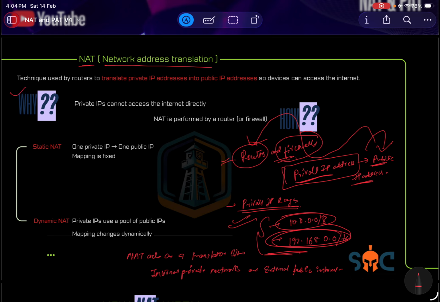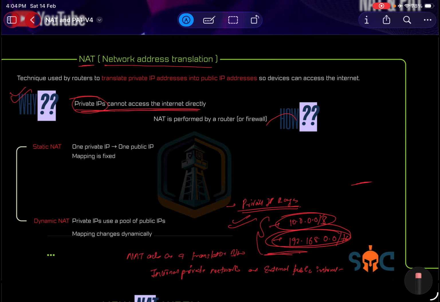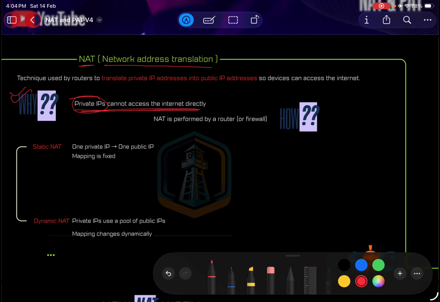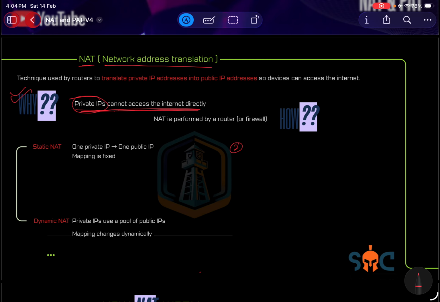Okay, so why is NAT actually required? Why do we need NAT? First, private IP addresses cannot access the internet directly. For that, private IP addresses are converted into public IP addresses to communicate over the internet. Second thing is because of the IPv4 address shortage.